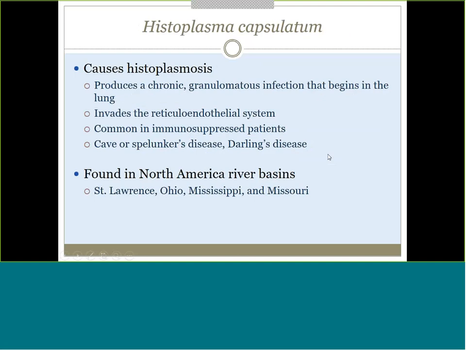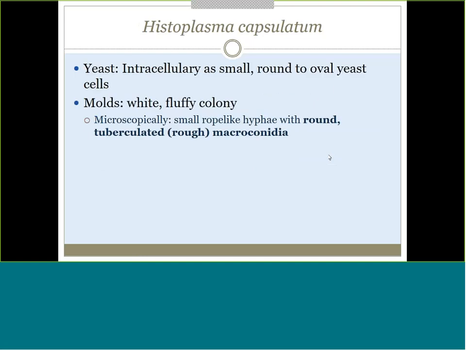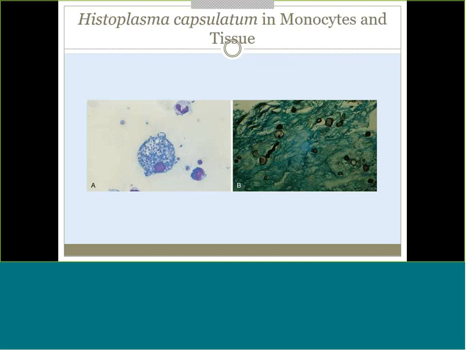All right, Histoplasma capsulatum causes histoplasmosis. It starts kind of like a granulomatous infection that begins in the lung and then quickly continues from there. Found in North America river basins. The one that I want you to know for the stage on Histoplasma is the mold stage. It's got what we call a round tuberculated macroconidia, which means the macroconidia looks very rough on its edges.